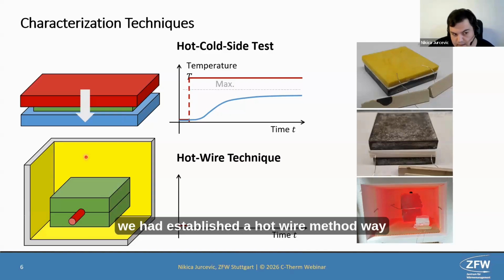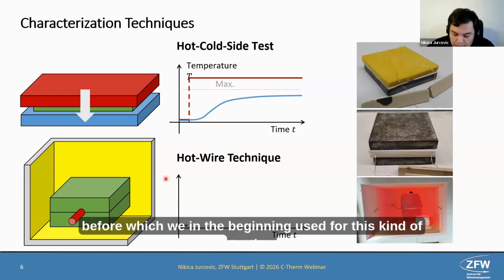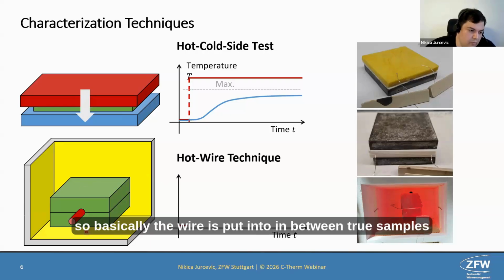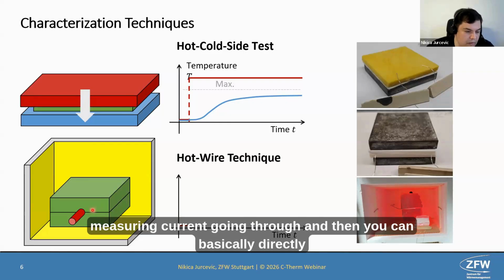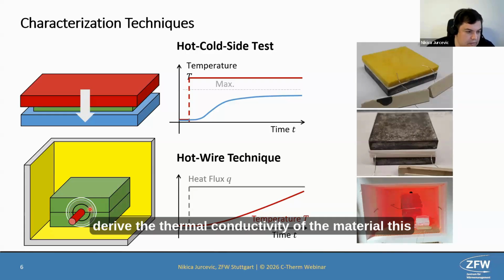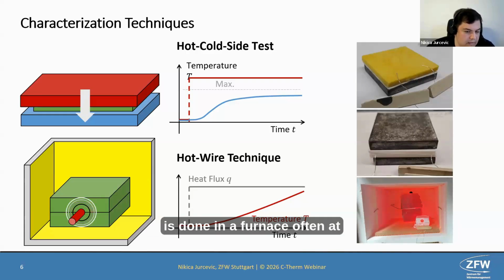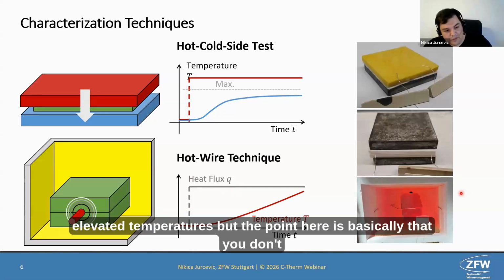And we had established a hot wire method way before, which we in the beginning used for this kind of testing. So basically, the wire is put in between two samples and you have a fixed measuring current going through, and then you can basically directly derive the thermal conductivity of the material. This is done in a furnace oven at elevated temperatures.